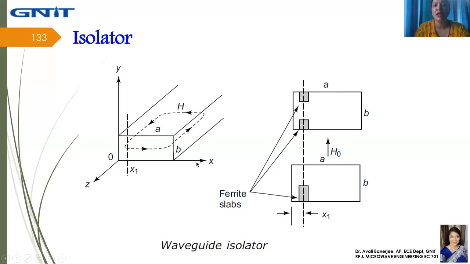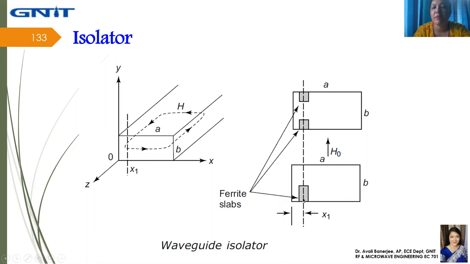The non-reciprocal characteristics are obtained by establishing a steady magnetic field, that is H0, placing H0 in the y direction and placing a ferrite slab at any of the longitudinal planes, that is x equal to x1. This is shown in the figure.